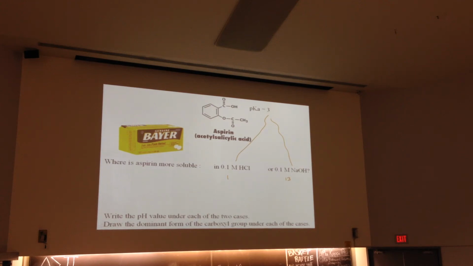And on the other hand, if the pH is above the pKa, then we have the deprotonated form. So if I dissolve an aspirin pill in hydrochloric acid and in sodium hydroxide, where do you think it would be more soluble? The base or the acid? In the base, because you have the ion form.